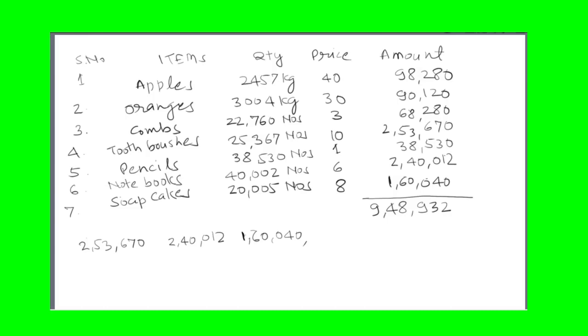Next comes out to be 98,280, which is from apples. Then the amount we get next is 90,120 from oranges. Then we get 68,280 from combs.